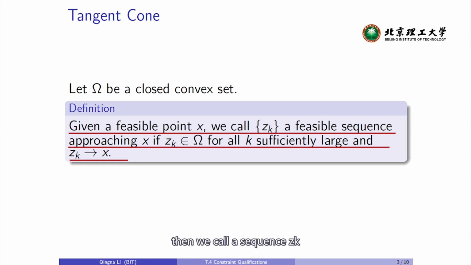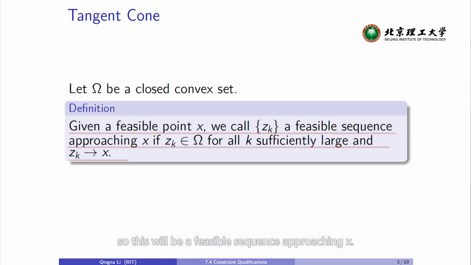Then we call a sequence zk a feasible sequence approaching point x if the following conditions hold. For sufficiently large k, the sequence zk is inside omega. And the second condition is that the limit of zk must be x. So this is a feasible sequence approaching x.